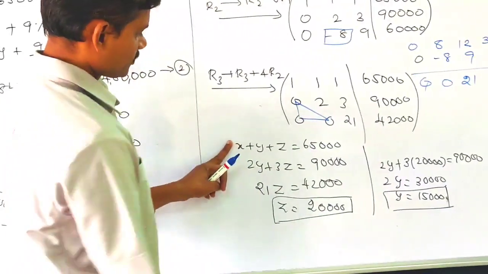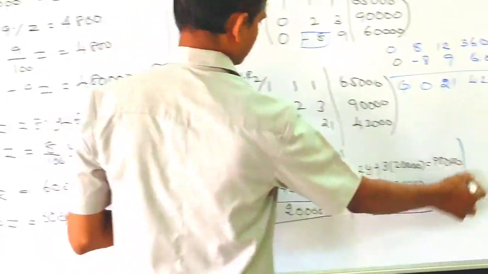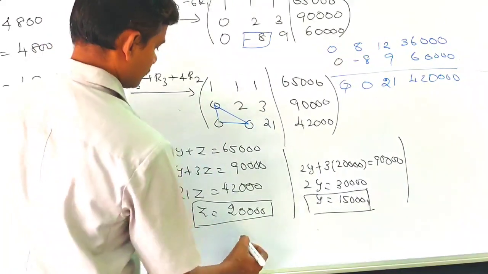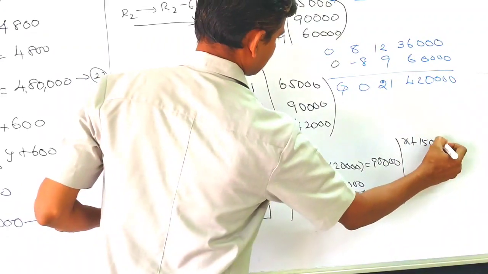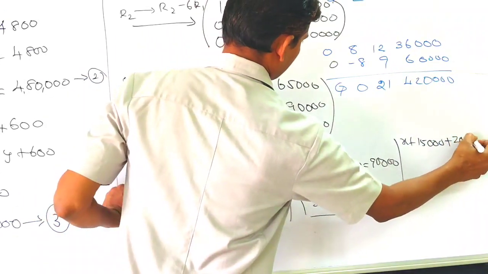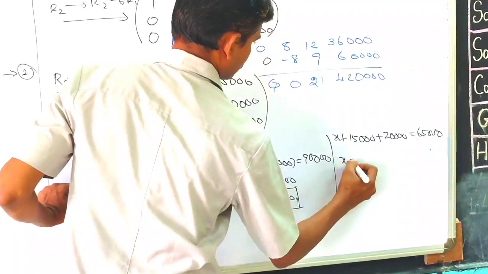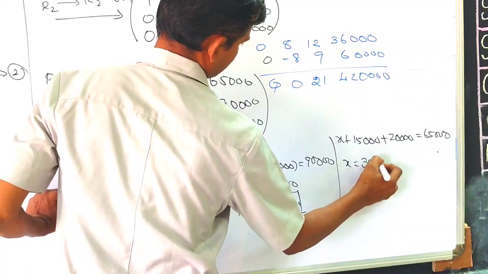Then x: substitute the values of z and y in the first equation. You will get x plus y plus z equal to 65,000. That is x plus 15,000 plus 20,000 equal to 65,000, so x is equal to 65 minus 35, which gives 30,000.